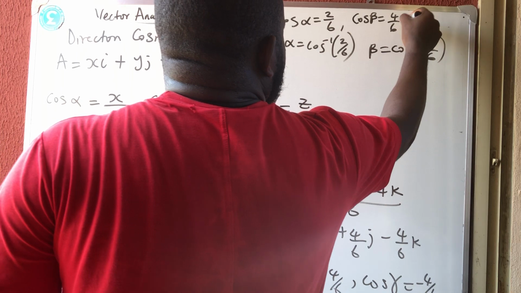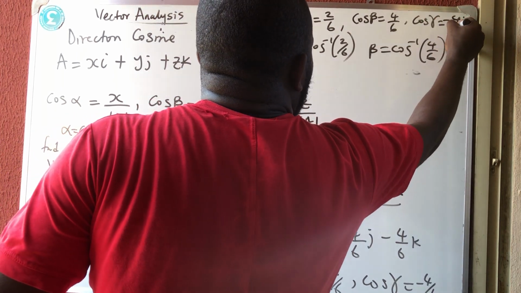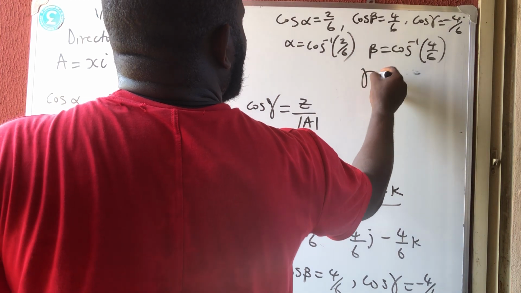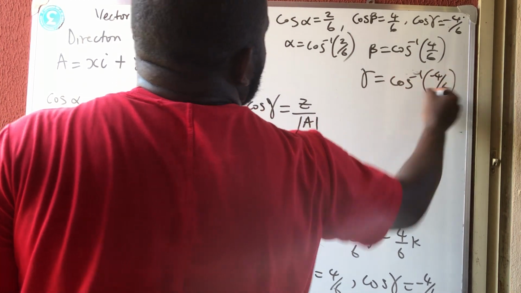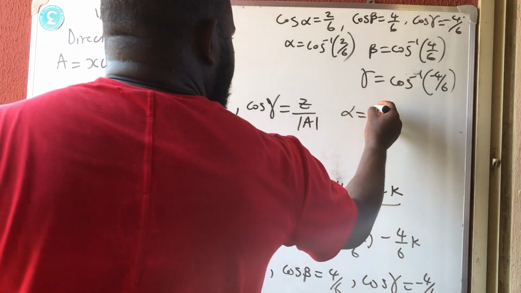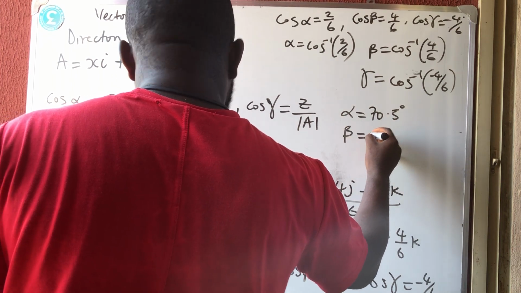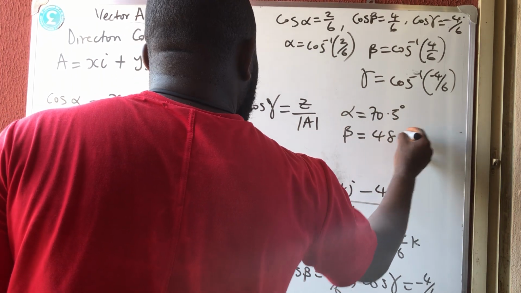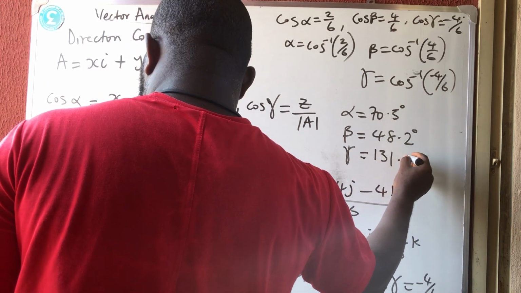The last one, cos gamma, is equal to minus 4 over 6, so gamma is cos inverse of minus 4 over 6. Therefore my alpha is equal to 70.5 degrees, my beta is equal to 48.2 degrees, and my gamma is equal to 131.8 degrees.